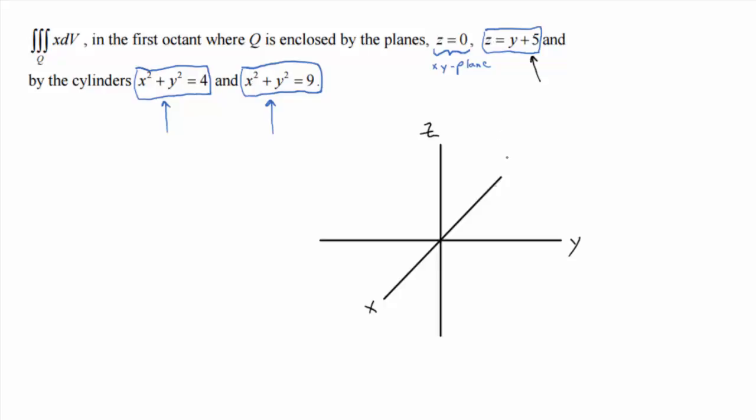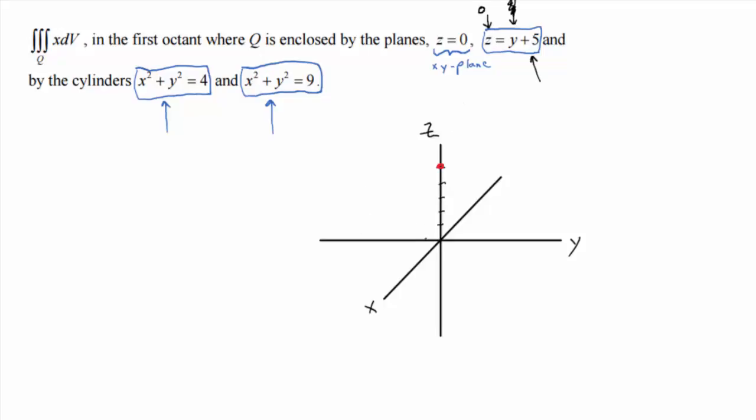So what's the z-intercept then? If you plug in 0 for y, you get z equals 5, don't you? So let's count up 5. There's your z-intercept. And then what's the y-intercept going to be? Negative 5? If you plug in 0 for z and solve, you get y equals negative 5.